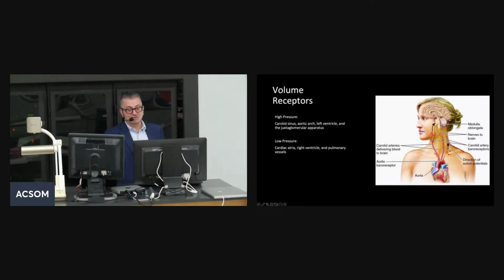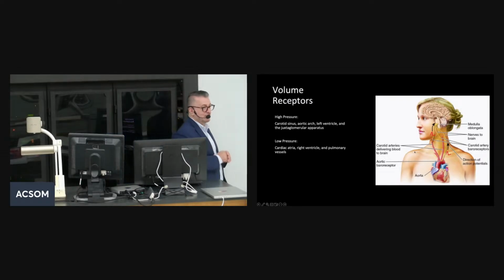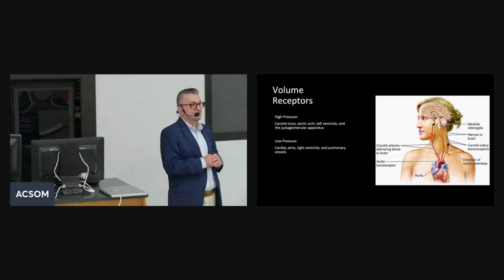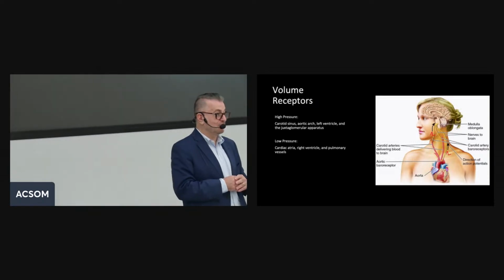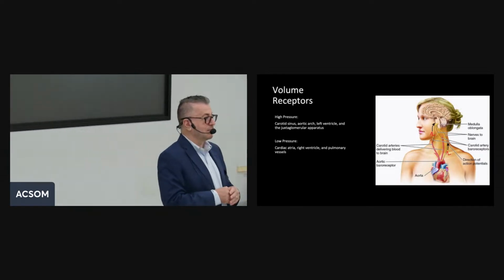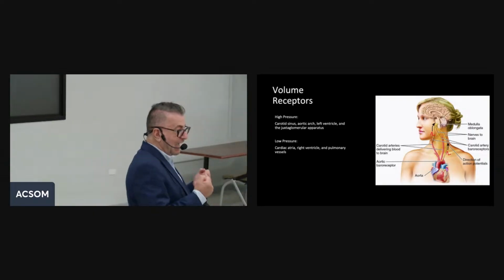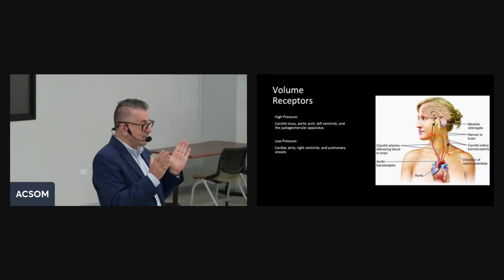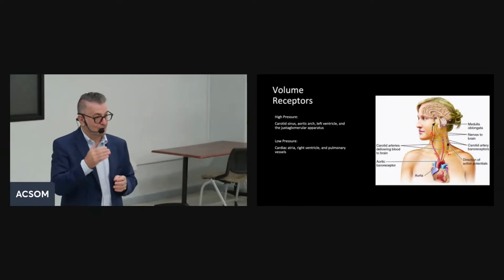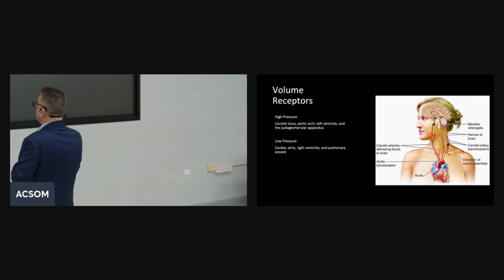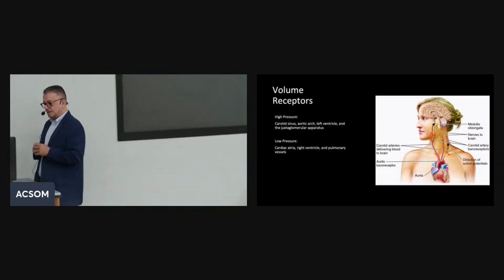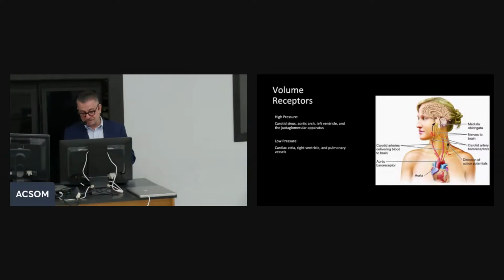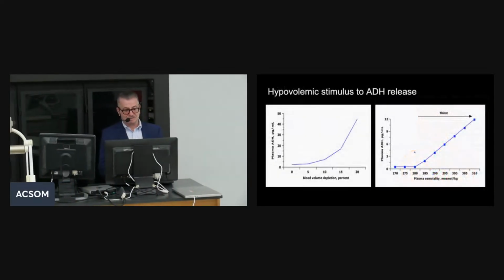They sense the amount of volume in your body. Let's say you are in an accident and you lose a lot of blood. These sensors sense that and activate a lot of things to maintain your blood pressure. Even though you have less volume, they maintain the blood pressure as well as the amount of sodium and water in the body. And I'll tell you how that works.